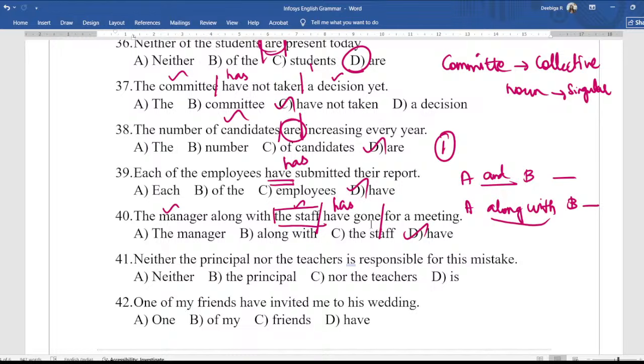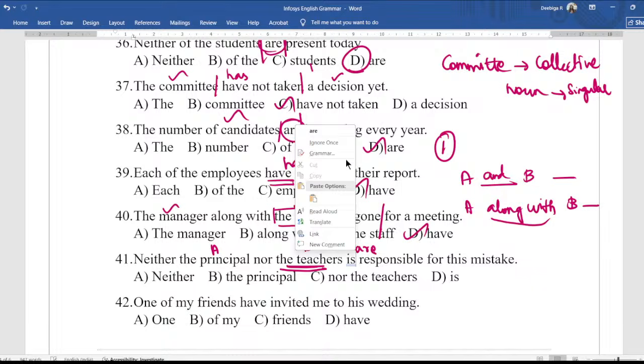Even this also follows the same rule. You have the principal A and the teachers B. Principal is singular, teachers is plural, so you take the subject that is over here, the teachers, and instead of is you would use are. Even Word is also saying the same thing, I think. Yeah, it is also saying are, right?